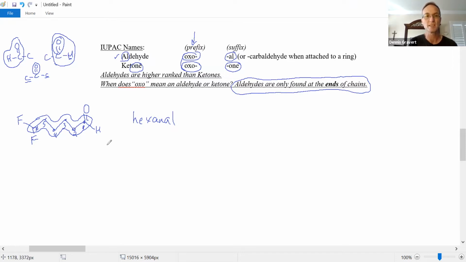Those are the 2 fluorines. You have to give both numbers. If you're using the di prefix, you better have 2 numbers. If you use tri, there better be 3 numbers, right? You have to identify each of those fluoro groups here, and there's 2 of them. So 6,6-difluoro is the prefix, followed by the parent name.